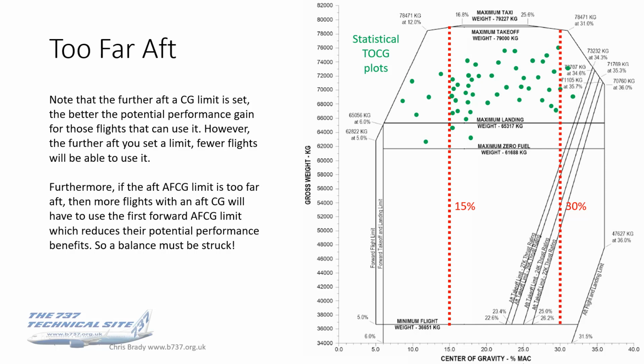What I mean by that is any aircraft between, say, 25 and 30% in this particular example will be penalised, because they will only be able to use the performance benefits from 15%, whereas if we'd made this limit 25%, anything with 25 or greater could have used the 25% limit. So it does require a little bit of thought as to where to set these limits.